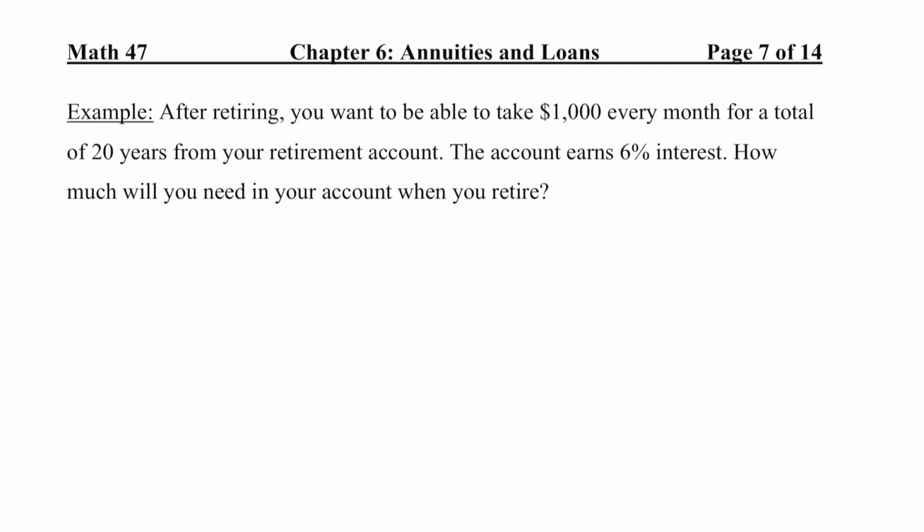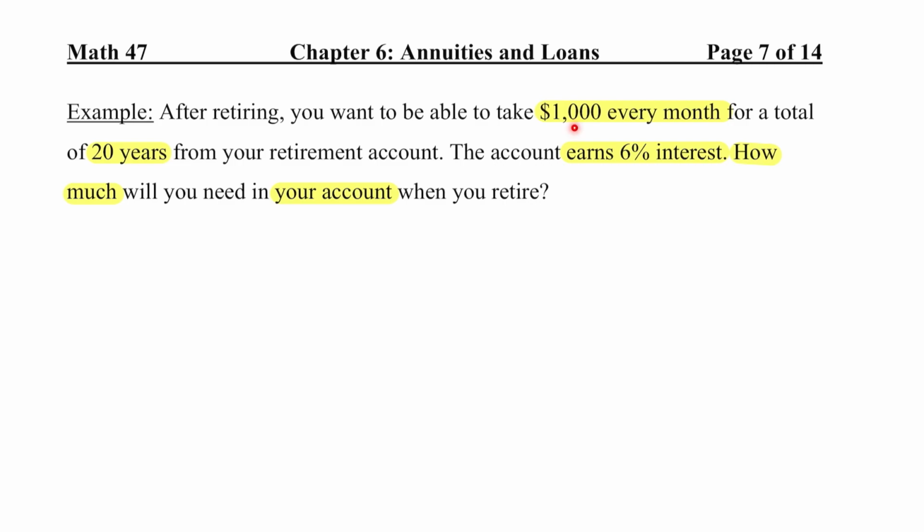When I retire, I want to take $1,000 out of my account every month, and I want to do that for 20 years. So if my account keeps earning 6% interest, how much do I need in the account in order to do so?